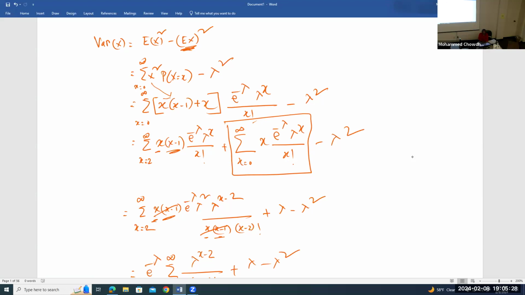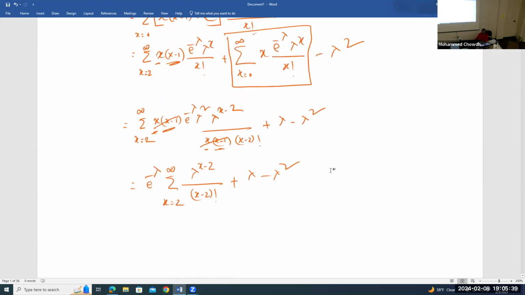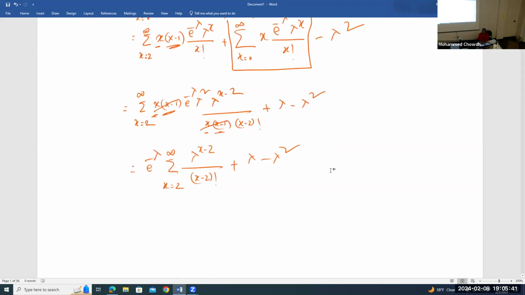You have to make it in this format so that it never goes down to any quantity that is exploding or making everything 0. This is a simple thing. So x times x minus 1 and x times x minus 1, 2 x's are cancelled out, so that is why.